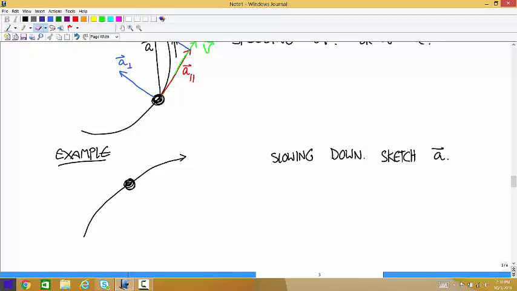The velocity vector is tangent to the path in the direction of motion, so there's v. The object's slowing down, so the parallel part is opposite v.